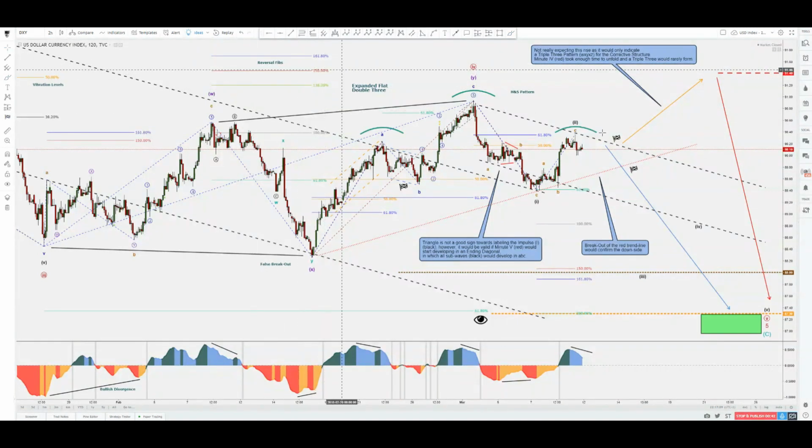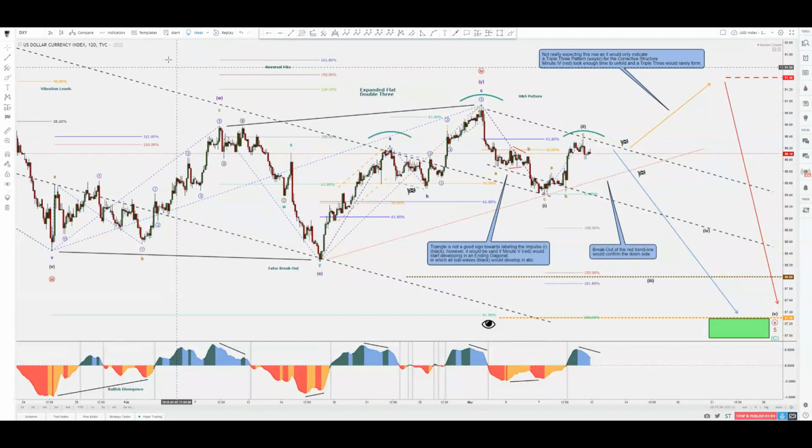I will go into this entire corrective structure a bit later on, but what I want to show you is a possible head and shoulders formation right here. And due to the fractal pattern, history can repeat itself.